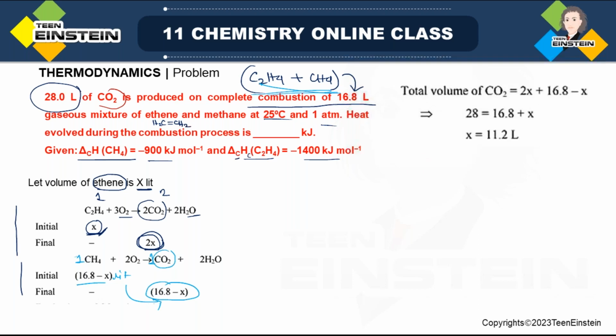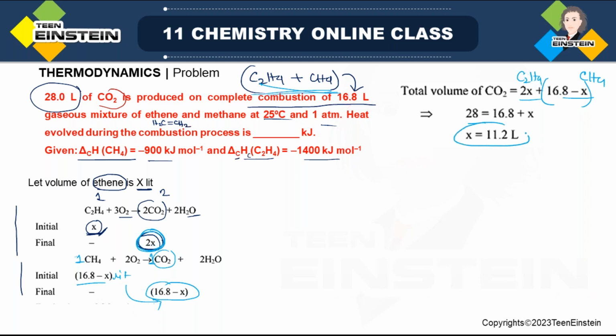Once we know this, next we will do total volume of CO2. We know it is given 28. So 2x is the amount of CO2 you are getting from ethylene, and 16.8 minus x, that CO2 you are getting from CH4. So if you add these two, that is equal to 28.